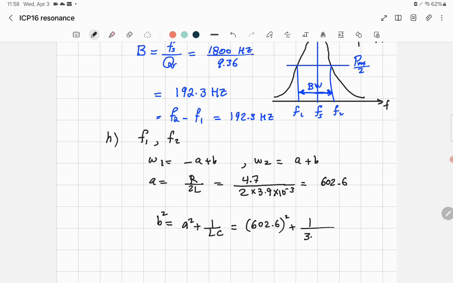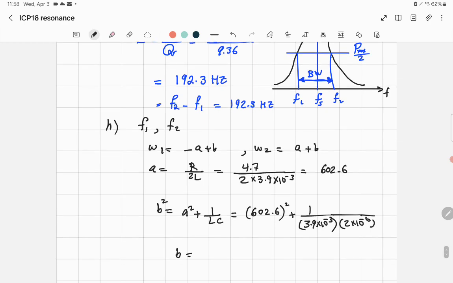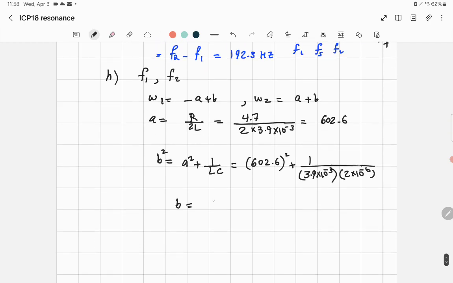L is equal to 3.9 times 10 negative 3 because it's millihenry, and C is equal to 2 microfarad, 2 times 10 negative 6. You calculate B square, and then you find the square root of B square. That will be equal to B. You do that, you get 11,339. So that's the value for B.